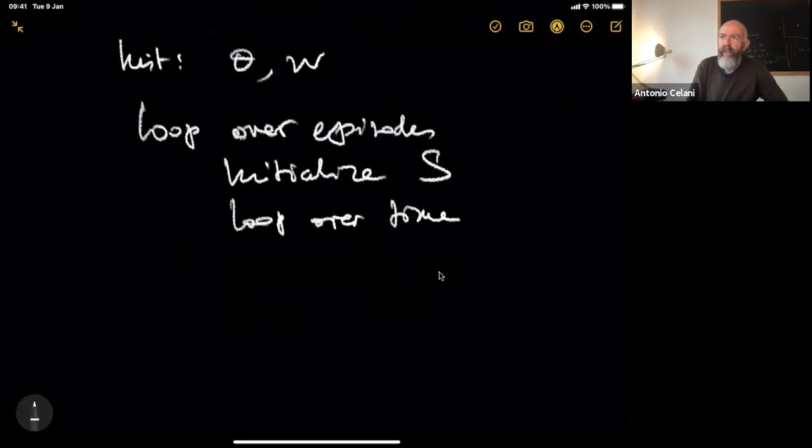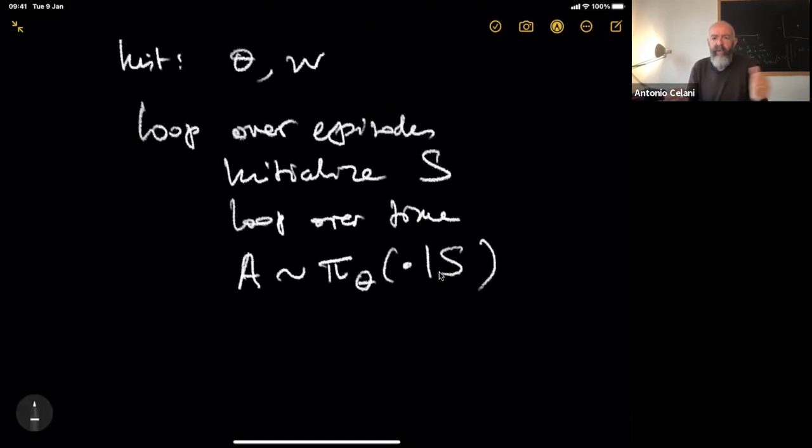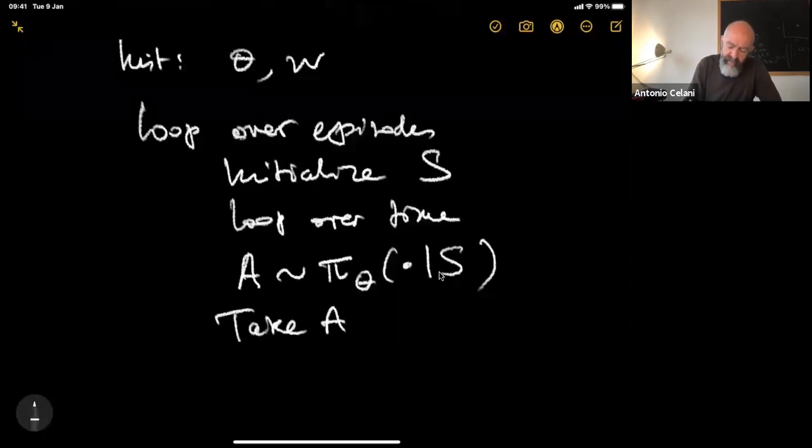And what you do is the following. You pick an action according to your policy with your current parameters and at your current state. So you have a state, you have the parameter, you can extract a random action from your distribution. Then, as always, you take action A and observe reward and the new state.